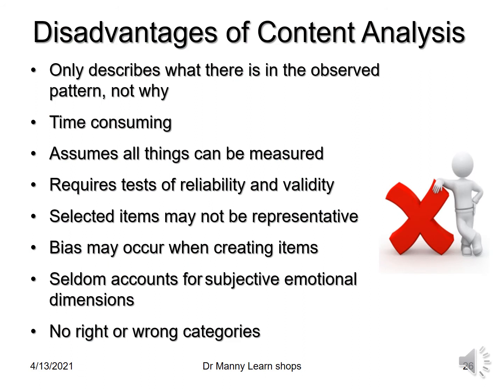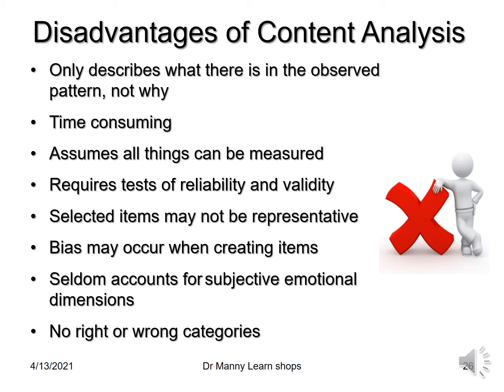What are the disadvantages? Well, it only describes what there is in the observed pattern, not why it has occurred. It's very time consuming. It assumes that all things can be measured, which is quantitative. It requires tests of reliability and validity, quantitative. Selected items may not be representative, quantitative.